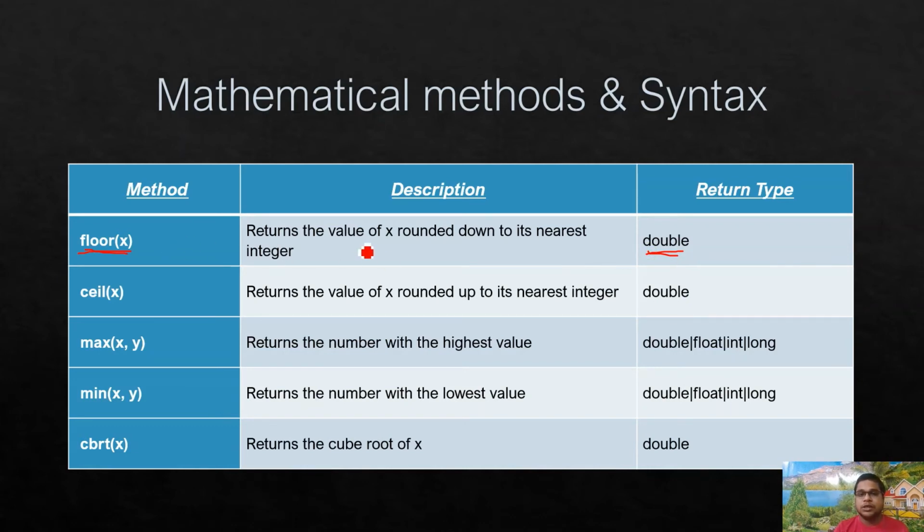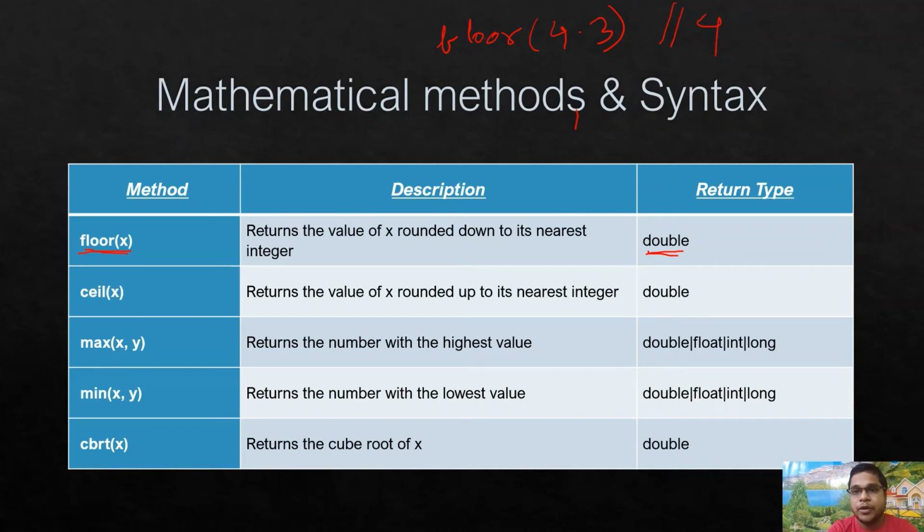Floor means it's rounded down to the nearest integer. If I take floor of 4.3, what will be the output? The nearest down value is 4, so the output will be 4.